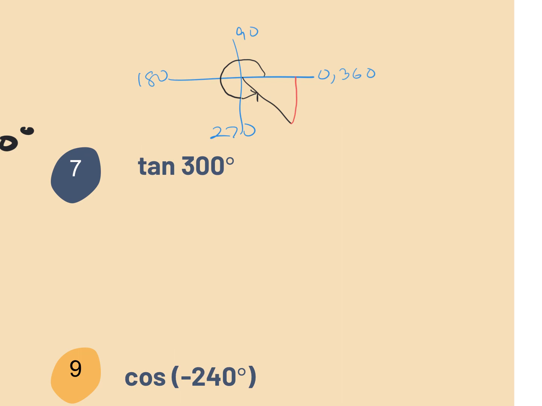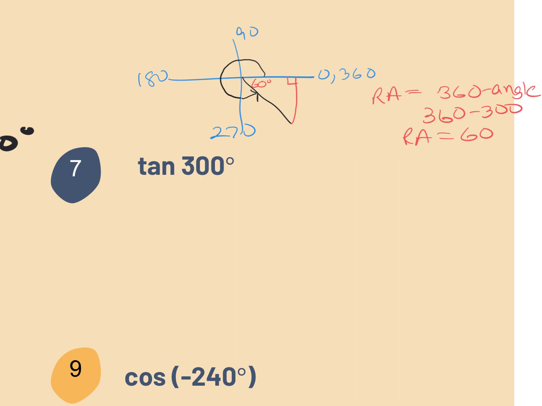I go back to the x-axis, so it's 60 degrees here. Now again, the calculation in quadrant 4, remember what was typed in there, reference angle was equal to 360 minus the angle. So 360 minus 300 gives me a reference angle of 60 degrees. So that's why I made my triangle with the 60-degree reference angle.